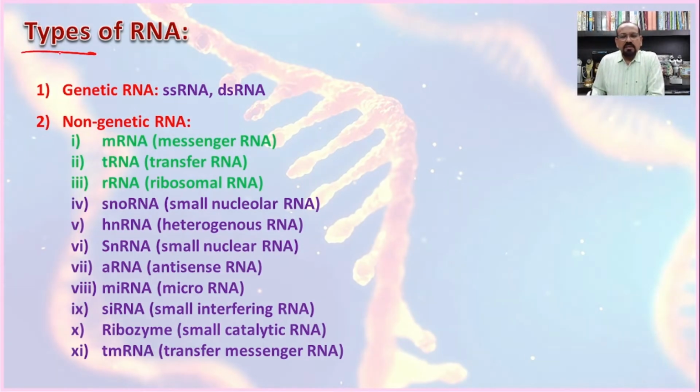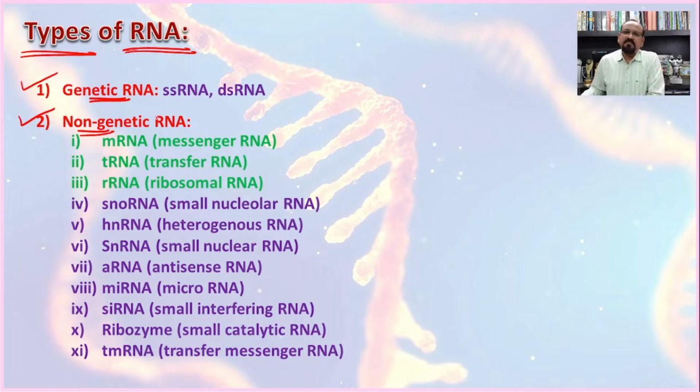Now if we are talking about the types of RNA, very commonly we know there are 3 different types, but if you see, there are more than 10 types of RNA found in different organisms and involved in different functions in prokaryotes and eukaryotes also. Basically they are categorized into 2 types: genetic RNA and non-genetic RNA.